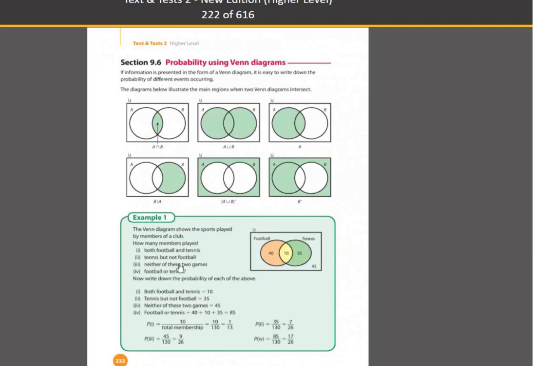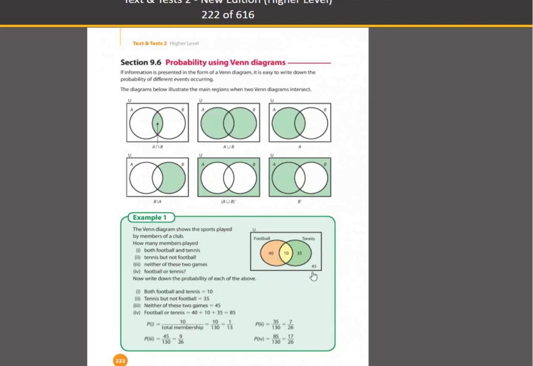And we're asked, what is the probability that a player picked at random does both football and tennis? Well, there are 10 that do football and tennis, so the probability is 10 all over the 130, and you'd simplify that. Same thing, 40 all over 130 for football only, and so on.